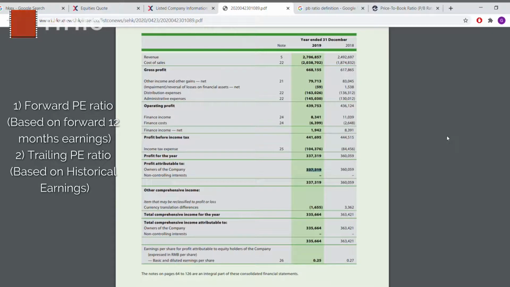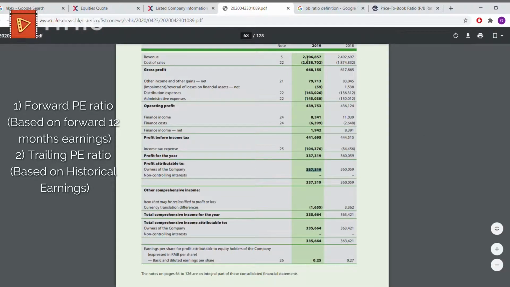What people do is project the earnings 12 months forward, and then use that figure to compute the PE ratio. The second type is the trailing PE ratio, and as the name suggests, it is more backward looking. The PE ratio that we are calculating right now is a trailing PE ratio, because we are using the 2019 figure, which is a historic figure, to calculate the PE ratio of the company.